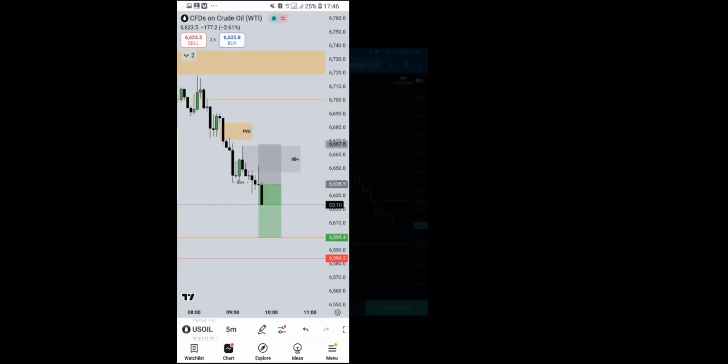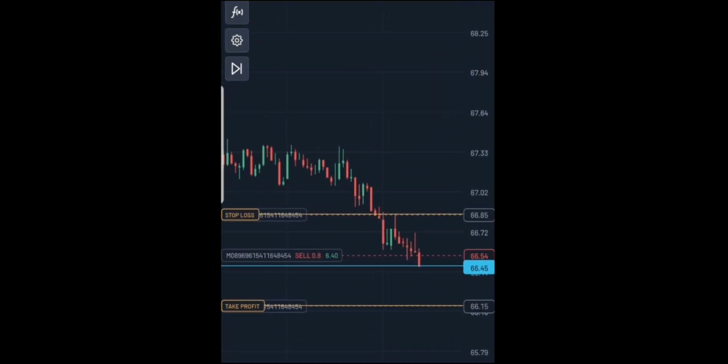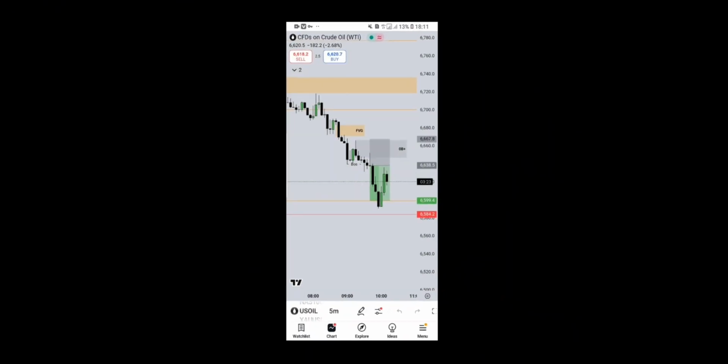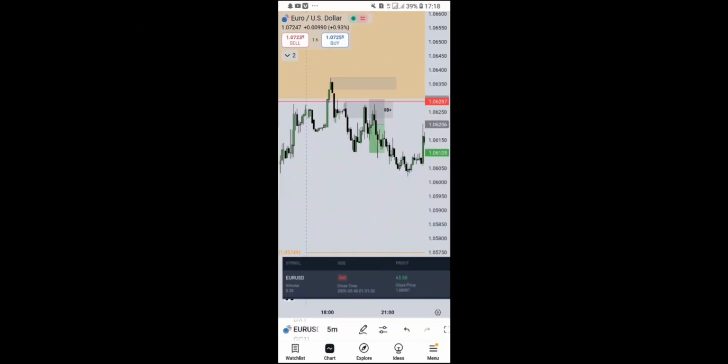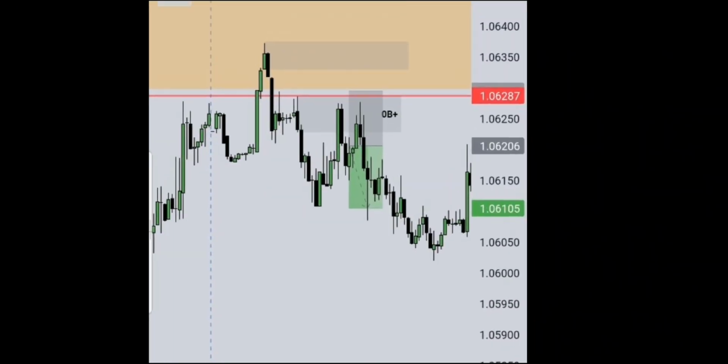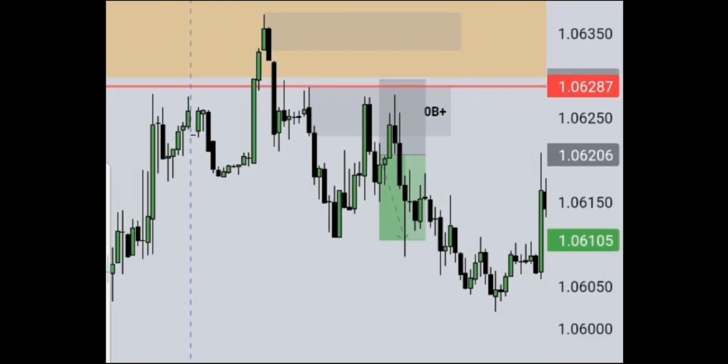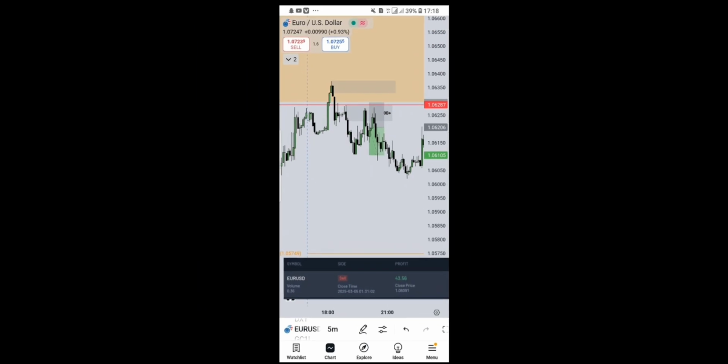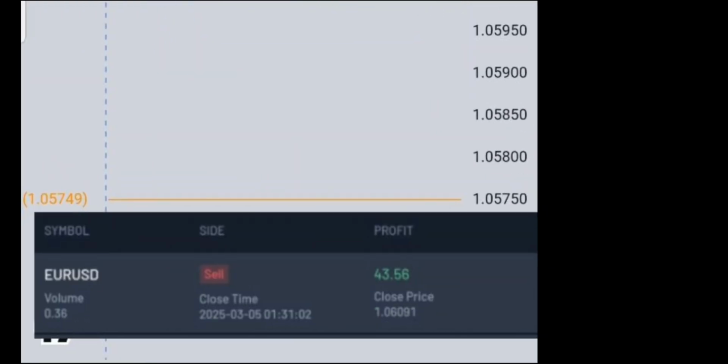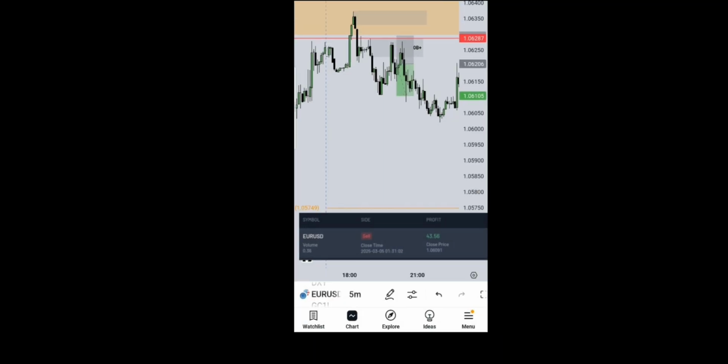Those who know this strategy, you know, because I'm not hiding anything, right? And this was the same strategy I used here. It was a scalp for Euro USD. You can see the profits I make in those scalps, right?